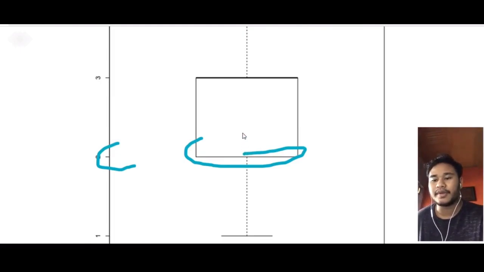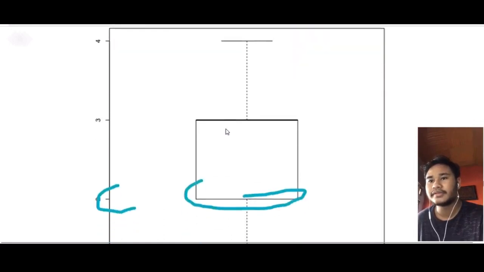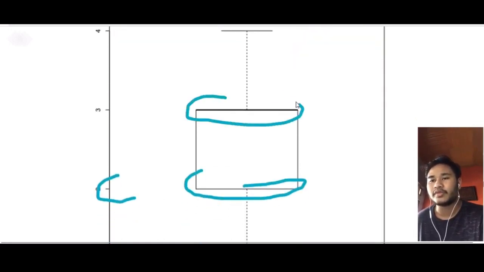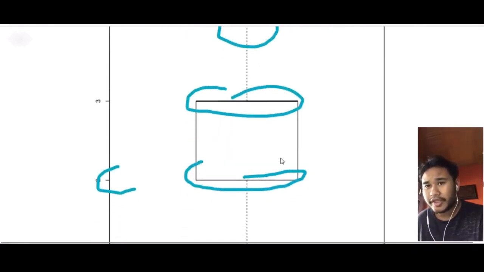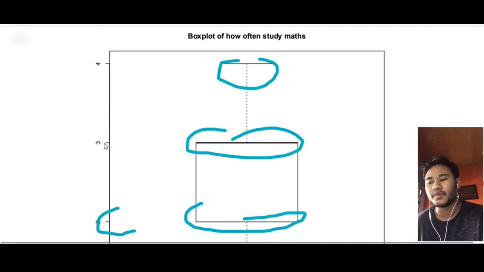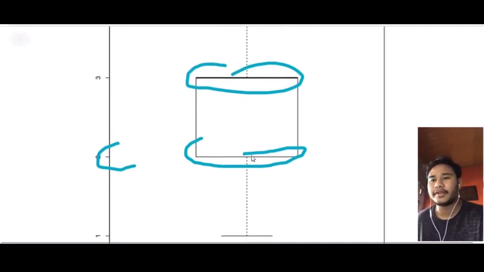Then followed by 28% this, and 24% this, so those who spend 3 and 4 times to study respectively. Okay, thank you.